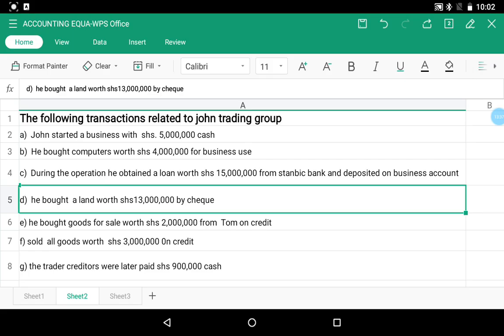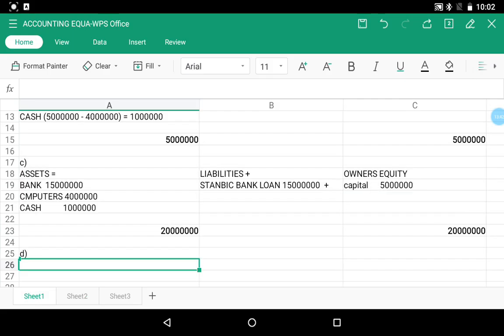So we shall come under our transactions where we are working from. Remember, we said each transaction we must first restate our accounting equation.